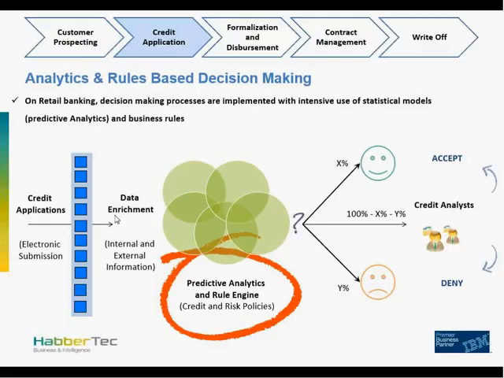And as we score them and we apply some rules, for example, scores less than 400 are denied, scores greater than 700 are accepted, and all the other ones will go to the credit analyst, like it's shown on this diagram.